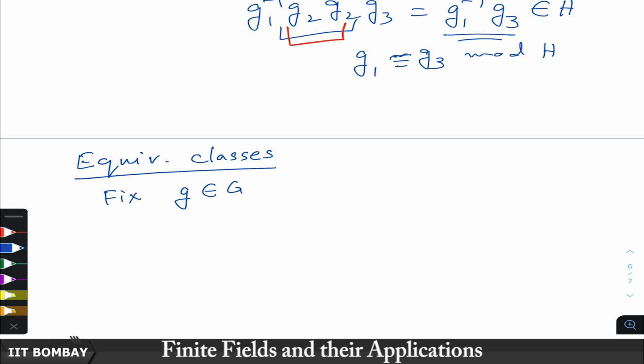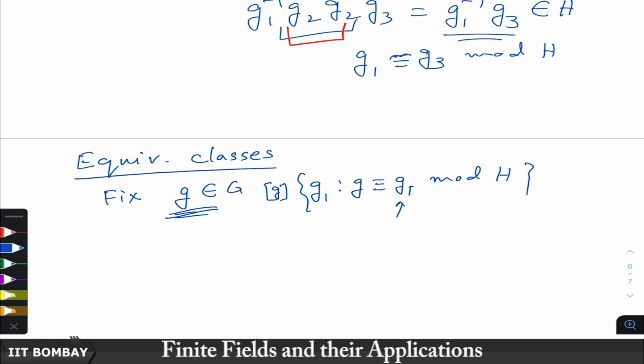You take any element g in G, you fix it, and let us see what is the set of elements in G to which this g is related. Okay. So, I want to find what are those elements g1 with which g is congruent, what is the set of g1 such that g is congruent to g1 mod H. What is the equivalence class of g?